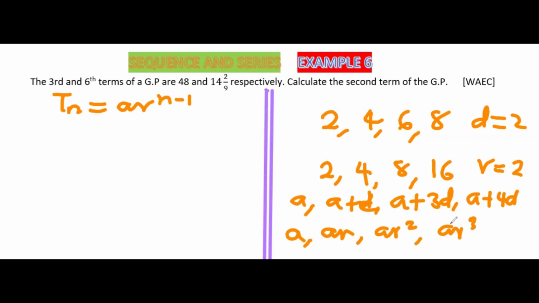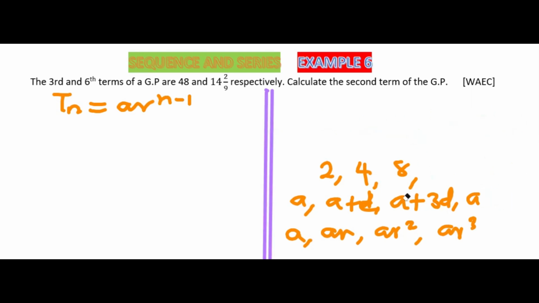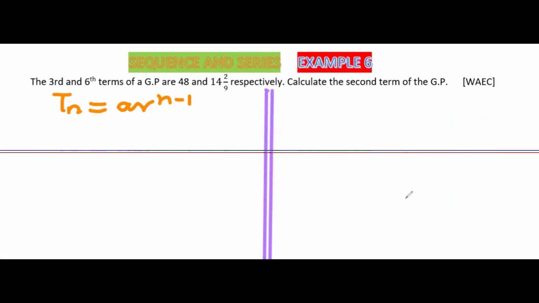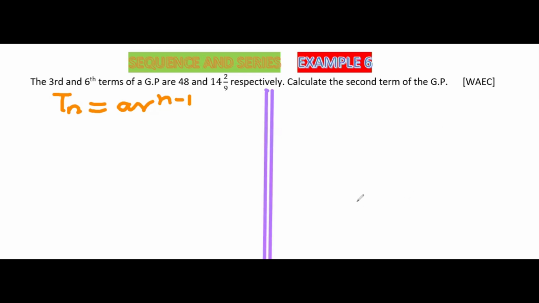So we quickly go back to the question and have it solved, without further ado. They said the third term is 48. So you say T3 equals 48.